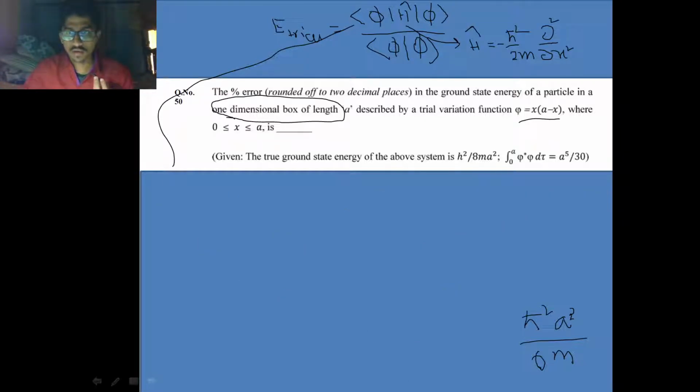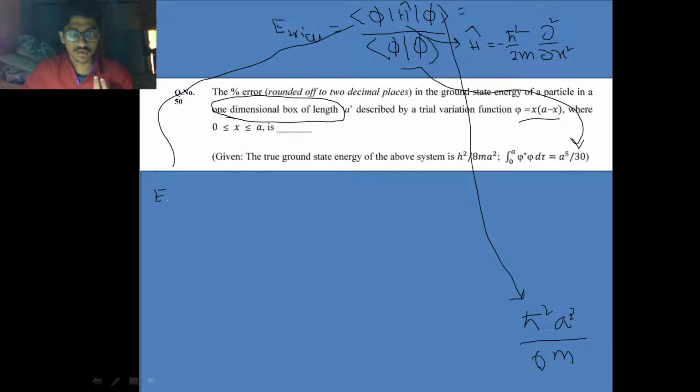So what about this term? This term comes as this, this term comes as this. And what about this part? This part is given. So what about E trial?